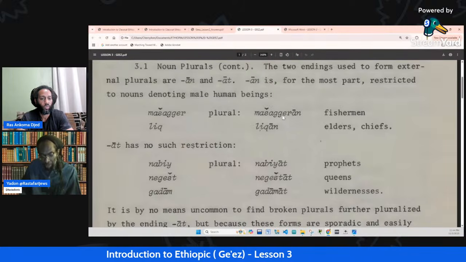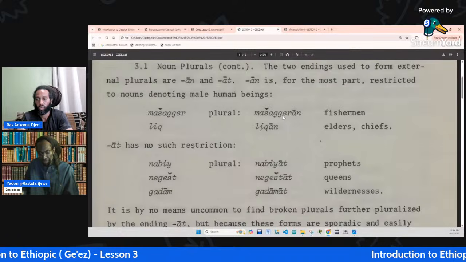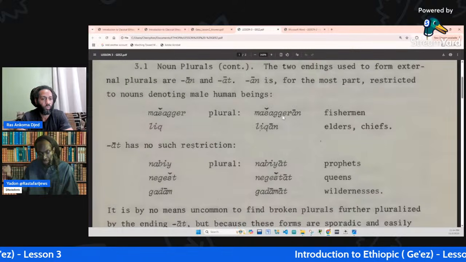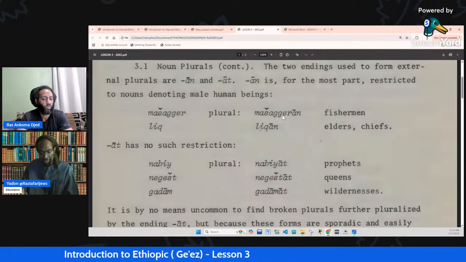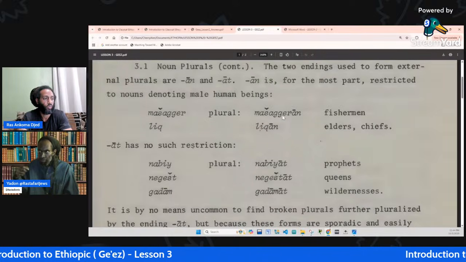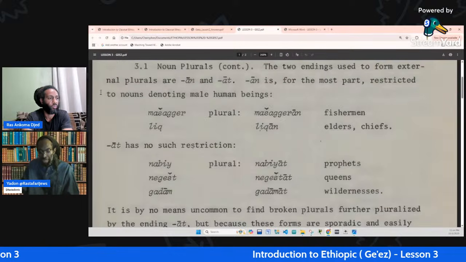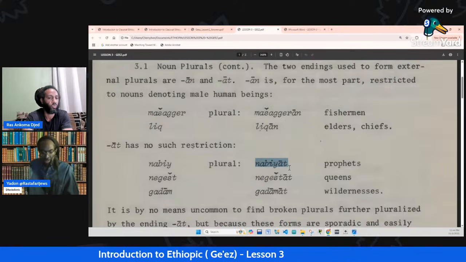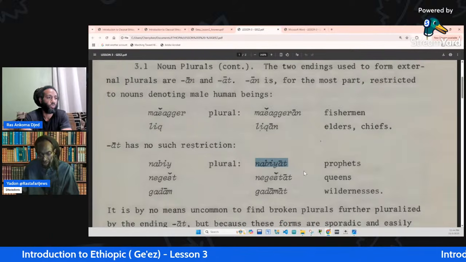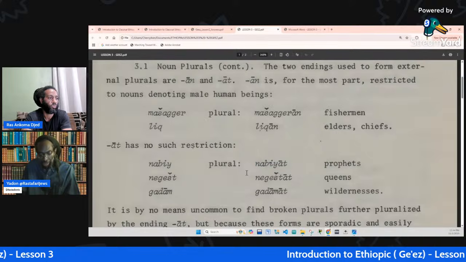So we have Nebi, for example, not Nabi; that's other dialects, other languages. In Ethiopic and Amharic, Nebi is a prophet, or one who sees prophetically. In other words, Nebiyat is the prophets. So we have Nebi, a prophet, Nebiyat, prophets.